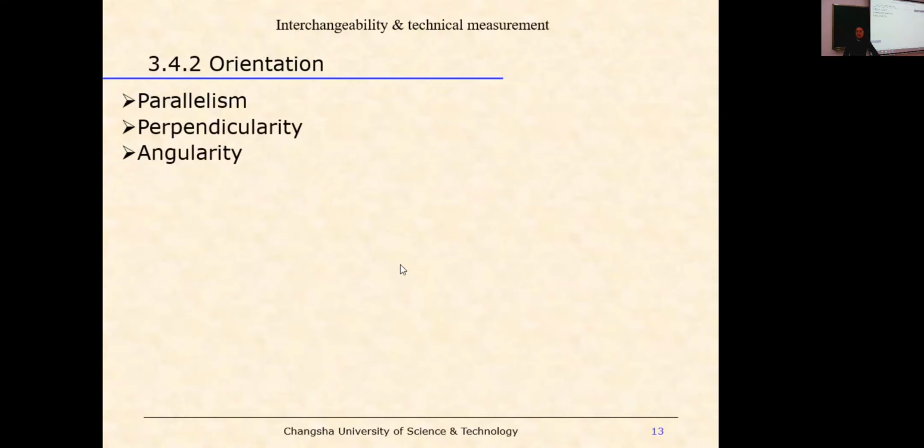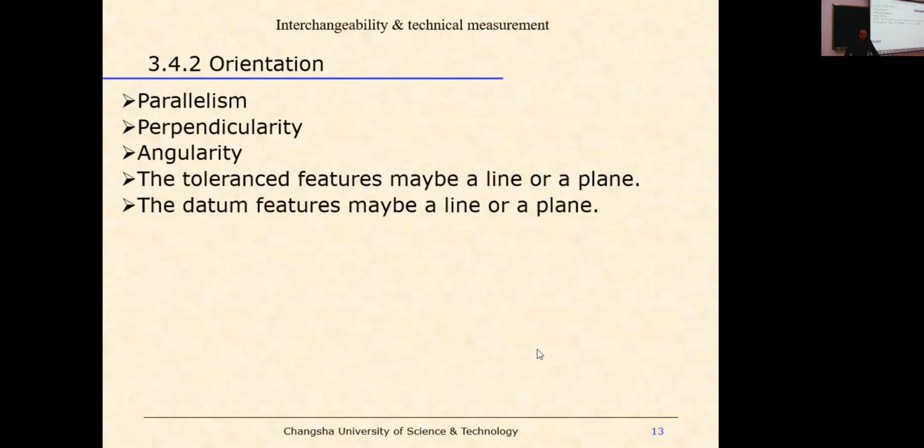The first one, does anyone have a question? Any question? The parallelism, perpendicularity and angularity: the tolerance features may be a line or a plane.